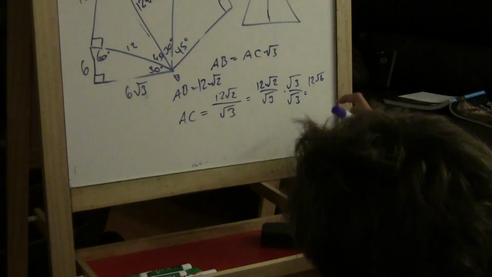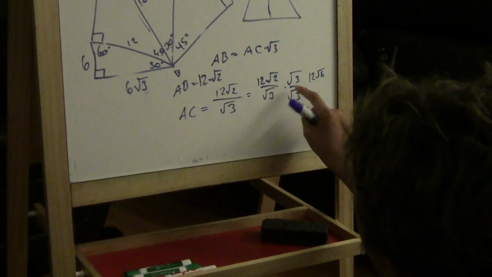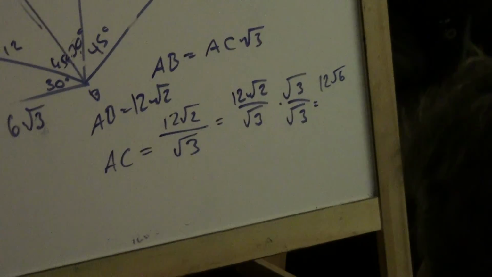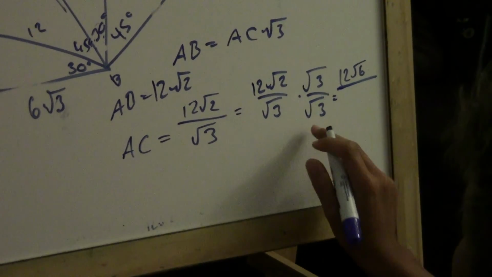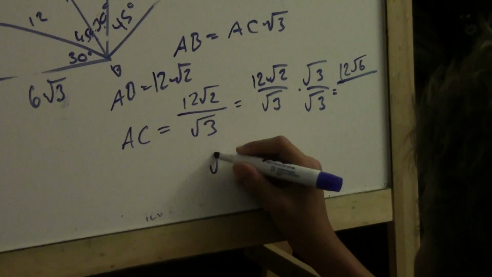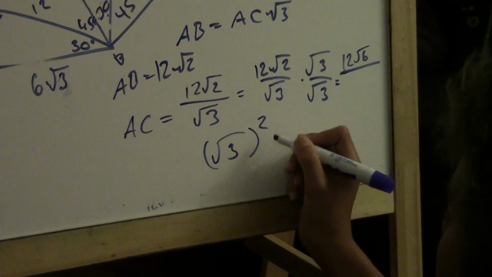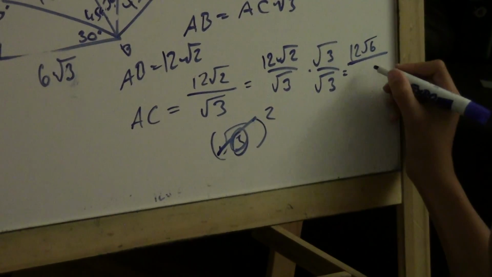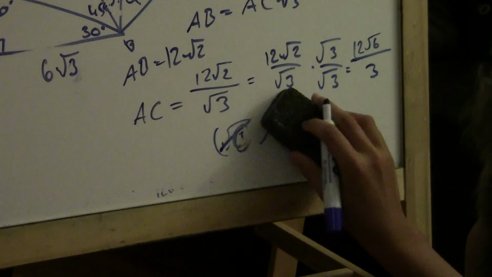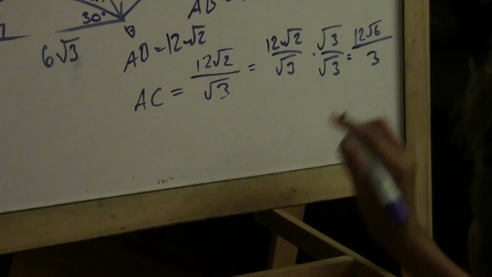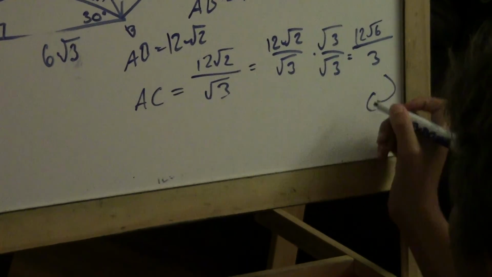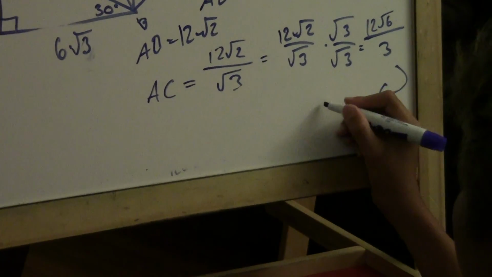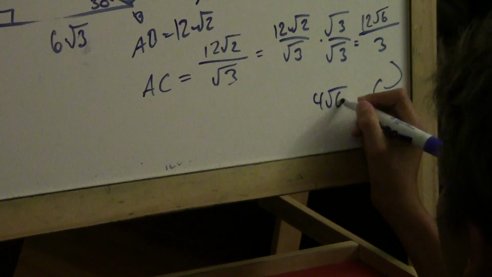Because when you multiply this by that, 2 times 3 is 6, so that's why. And because it's the square root of 3 squared, this cancels out, so you only have the 3 left. So there's the 3. And then you pull it down. 12 divided by 3 is 4. So we get 4 times the square root of 6.